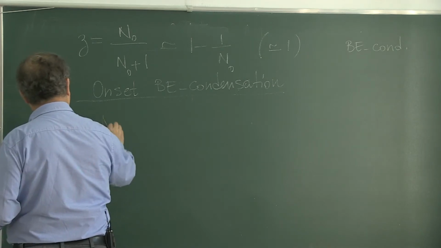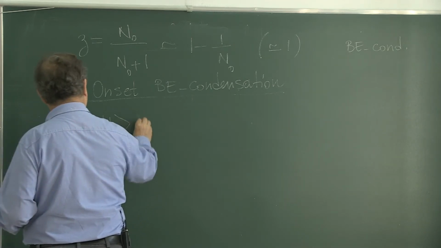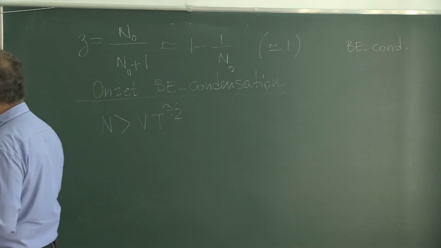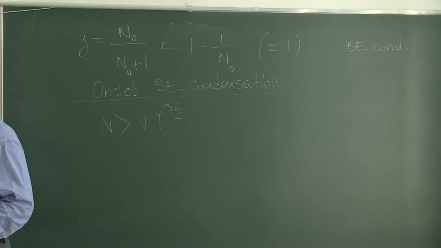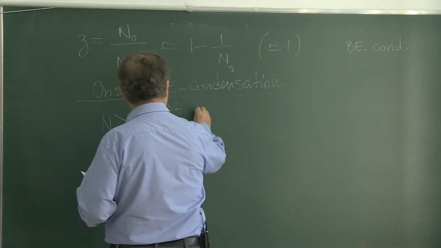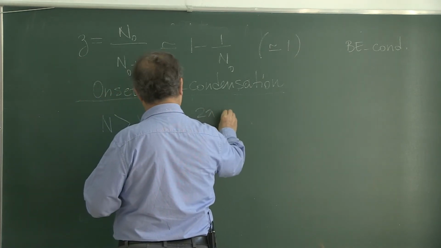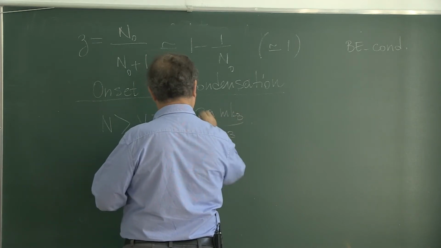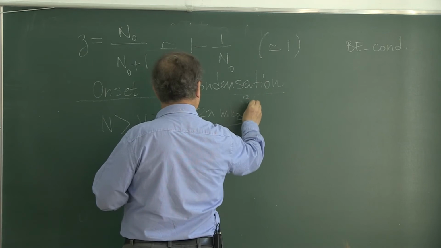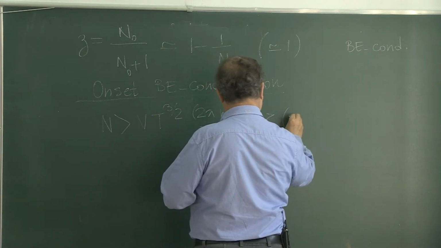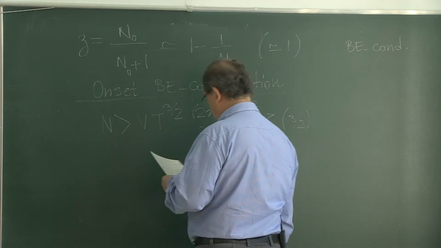The particle number should be greater than V over lambda_T cubed, which I have written for the number in the excited states: V over lambda_T cubed, with lambda_T = h over the square root of 2 pi m kB T, times zeta(3/2).